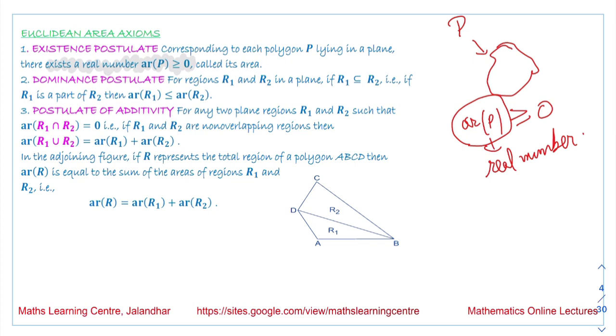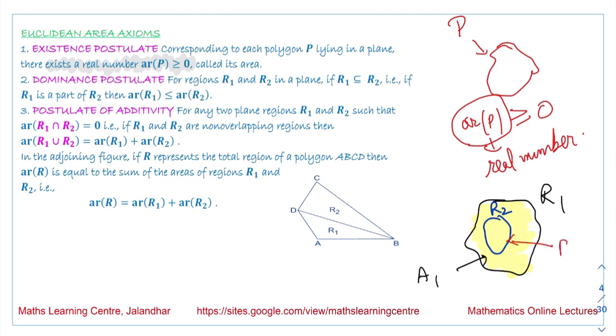Second is the dominance postulate. If we have two regions and one is a part of the other, say this is region R1 and this is region R2, suppose the area of the larger region is A1 and the area of the smaller region is A2.